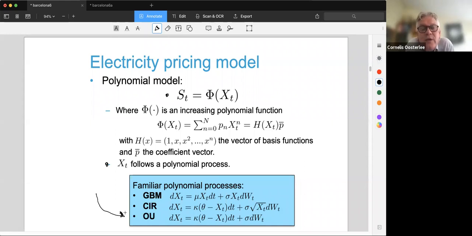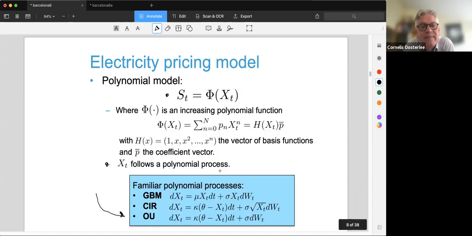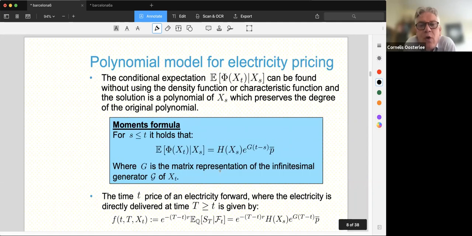Well, why do we use polynomials of such a process? Well, we can mimic these outliers better. If we work with polynomial processes, we can calibrate this to some of the features that are observed in the electricity market.